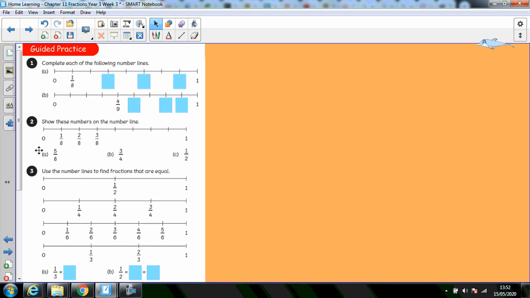Here, for question 2, you're looking at showing these fractions on the number line here. And again in 3, you're using these number lines to help you find equivalent fractions. Remember to talk to somebody about your thinking, and pause the video while you do that.